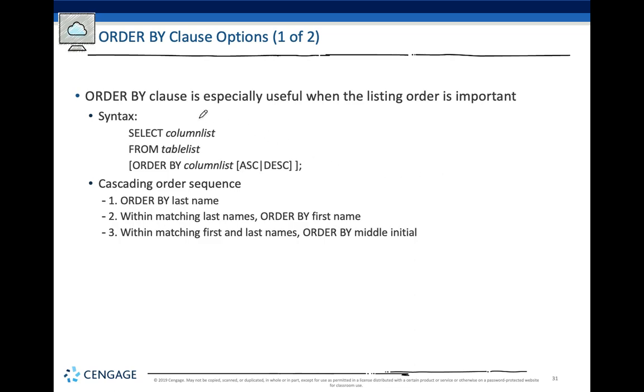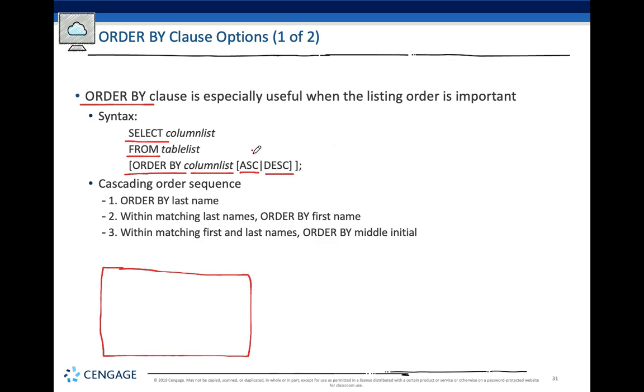Now let's come to the order by clause, right? So we have select from, possibly a where, and then an order by. An order by does exactly what it sounds like. It orders the results of the query in a certain order by the column or columns that you specify. And it can be in ascending or descending.